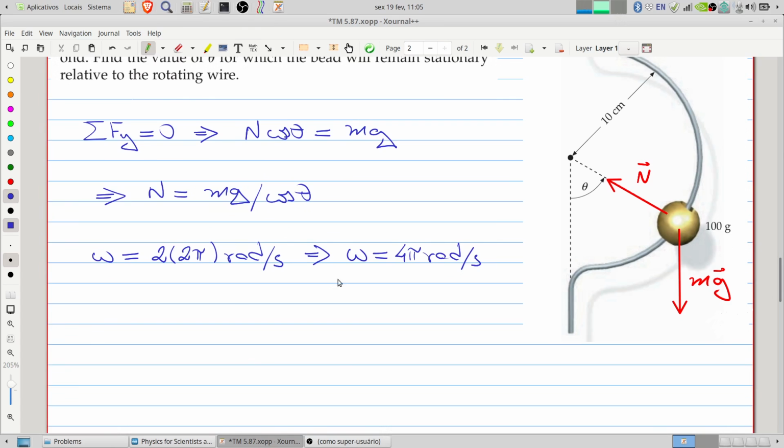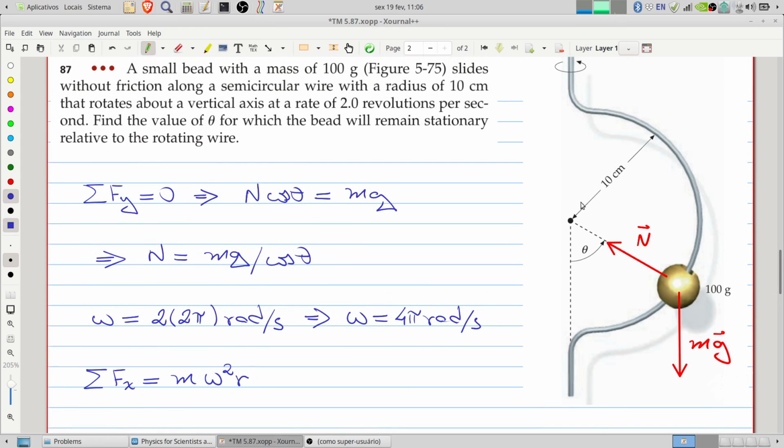Now we can sum the forces in the horizontal direction, and this force equals the mass of the bead times the centripetal acceleration, that is the angular velocity squared times r. This r is different from the radius of this circular wire.